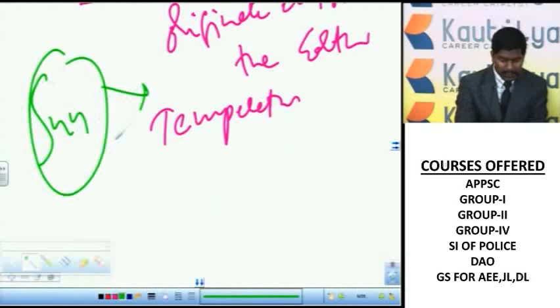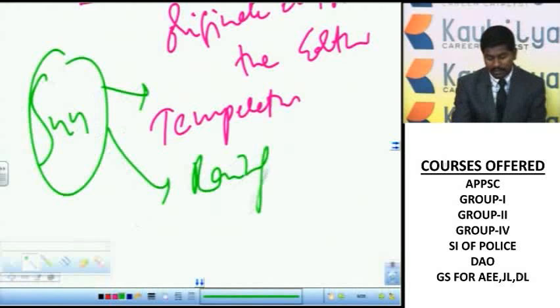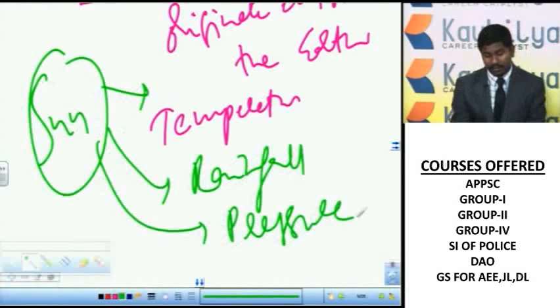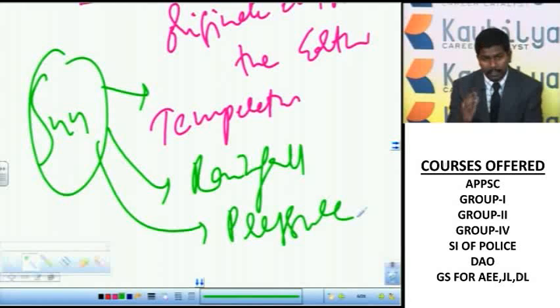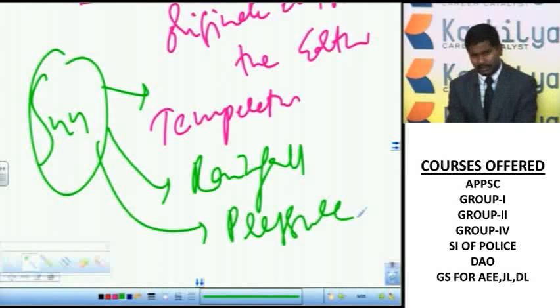The sun is responsible for temperature, which is an exogenic force. The sun is responsible for rainfall, an exogenic force, and for atmospheric pressure, an exogenic force. So exogenic forces are due to the sun, but endogenic forces are due to the earth. These are like temperature, rainfall, pressure and other types of exogenic forces, right?